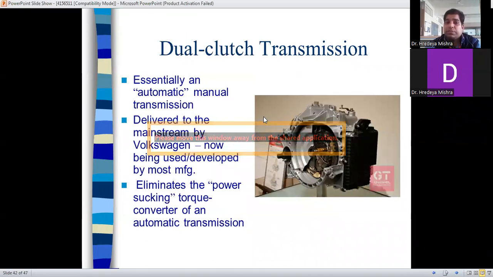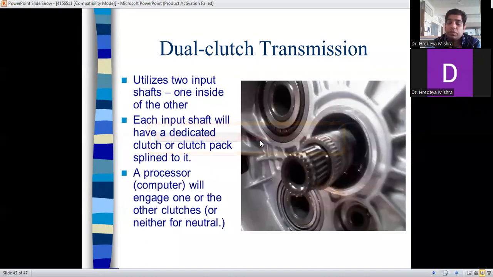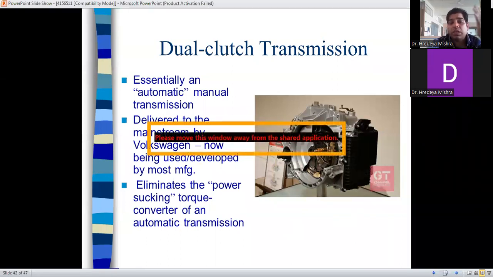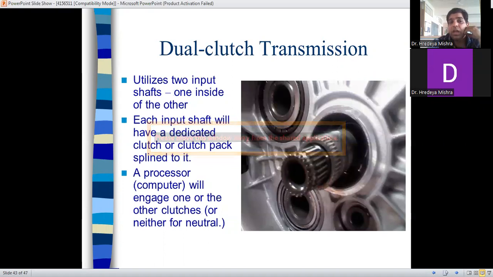Dual clutch transmission system. Okay, it is essentially an automatic manual transmission, delivered to the mainstream by Volkswagen, now being used and developed by manufacturing companies. It eliminates the power shocking torque converter of an automatic transmission and utilizes two input shafts, one inside and the other outside.